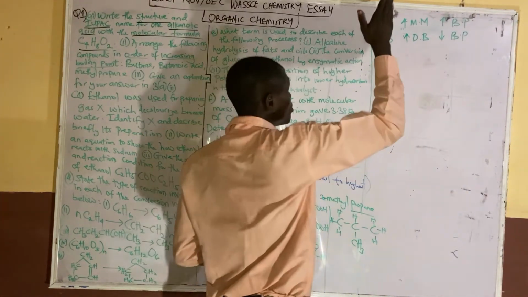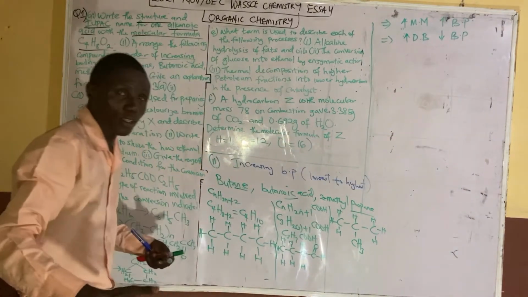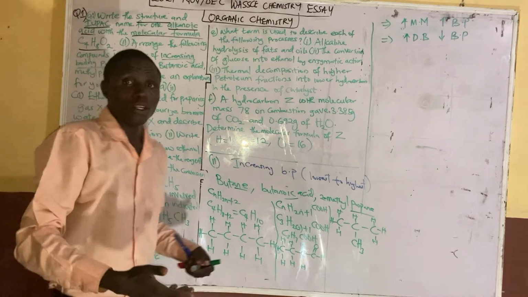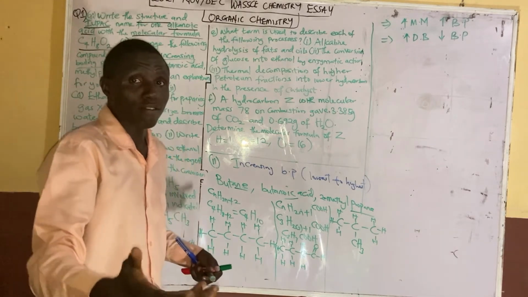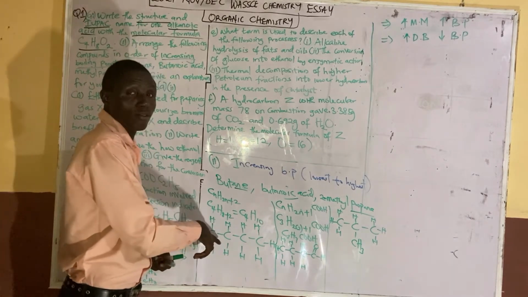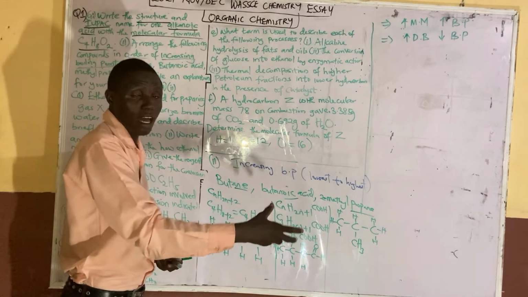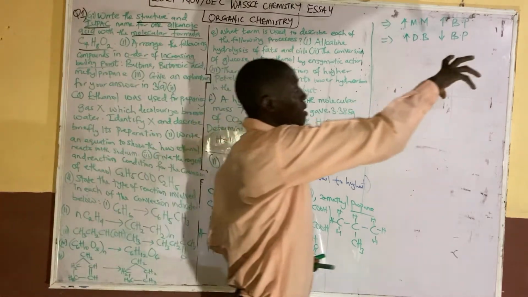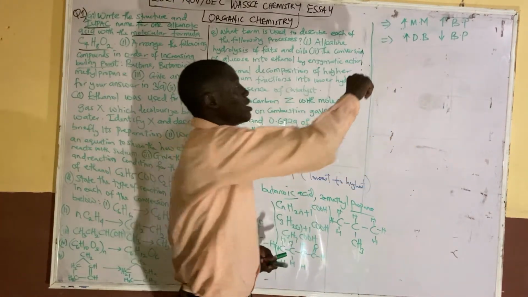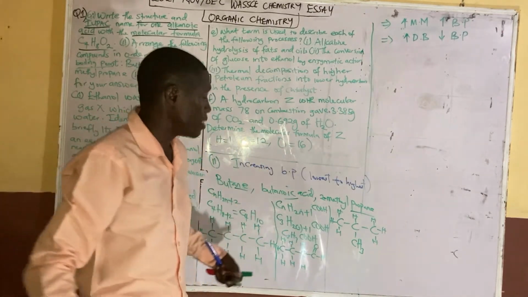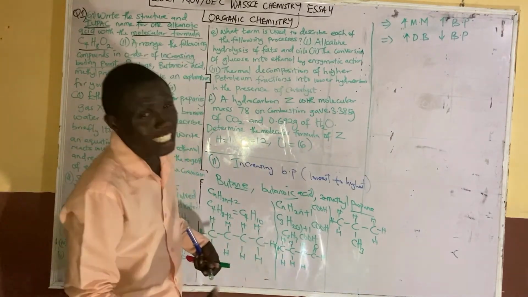The higher the molecular mass, that is, if you have 5 carbons compared to 4 carbons, 5 carbons have a higher boiling point than 4 carbons. So the higher the molecular mass, the higher the boiling point. The more branches you have, the lesser the boiling point.